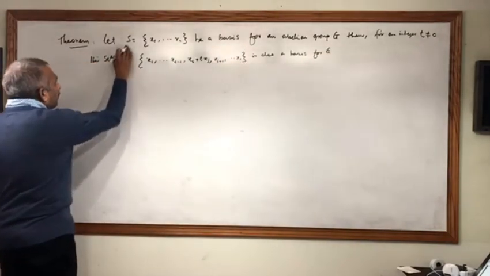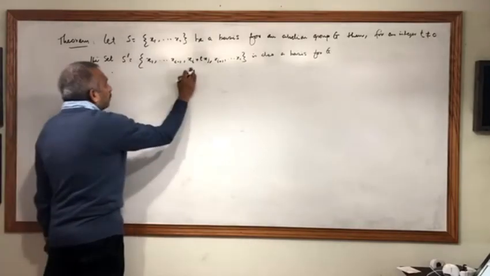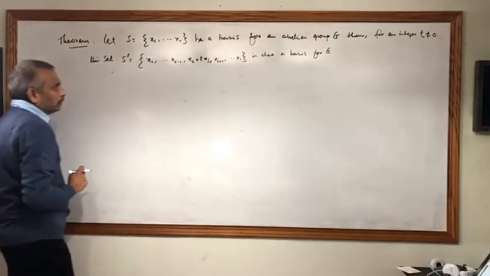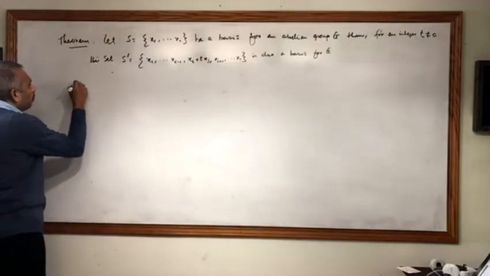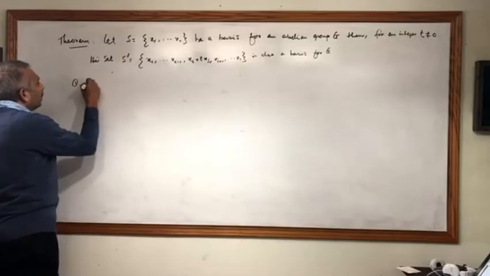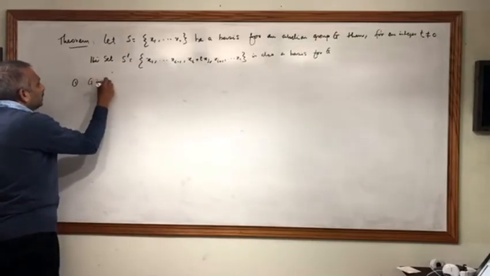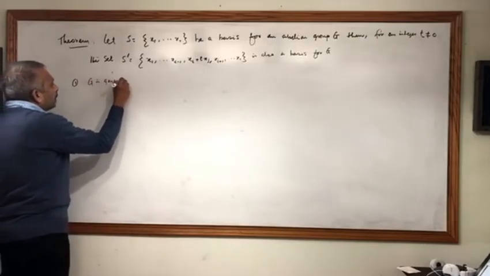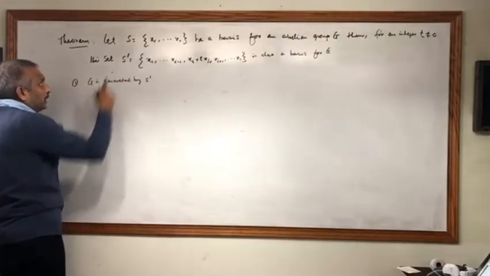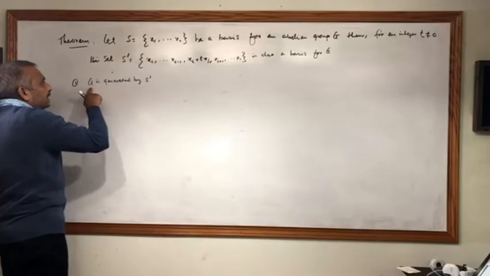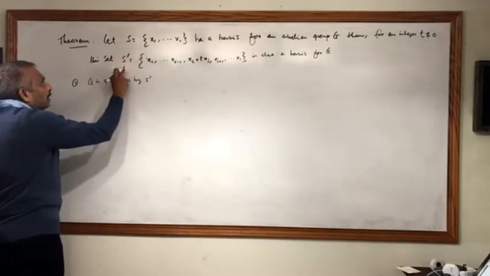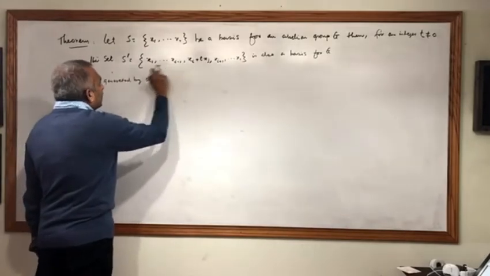See, the number of elements in S and S' are the same. The only thing is the ith element is replaced with this. So there are two parts to prove. One is G is generated by S'. If S generates G, G is generated by S' also. The only difference between these two is that we don't have an xi in this.